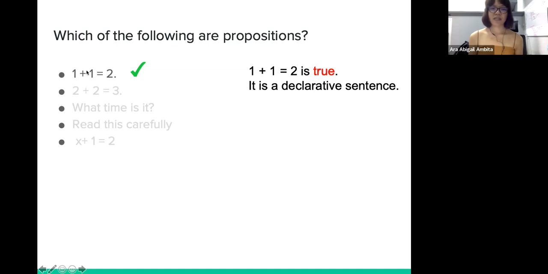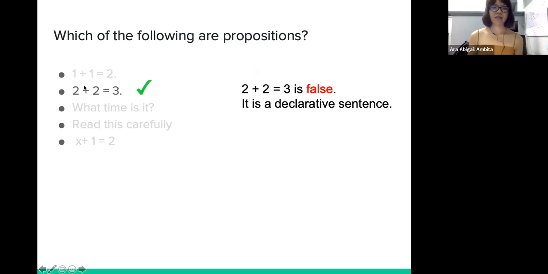We know that this is a declarative sentence, and we can verify that it is true. Okay, so it is a proposition. On the other hand, 2 plus 2 is equal to 3. It is false, and it is also a declarative sentence. Okay, so it is also a proposition.